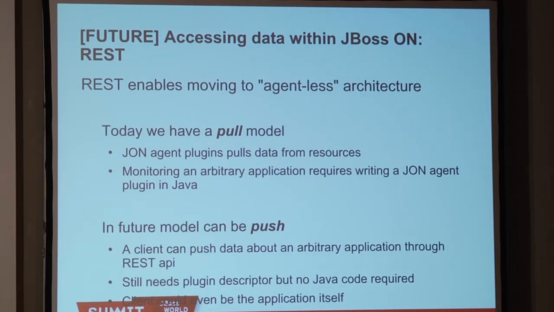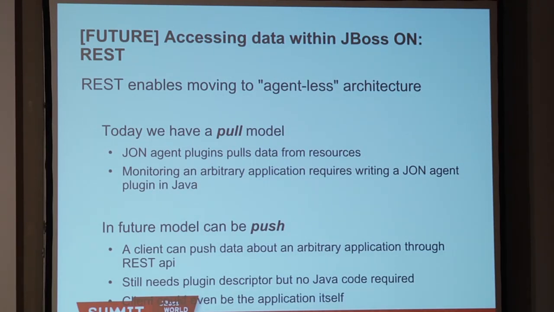So looking a bit more towards the future, not from a product roadmap sense, but just from thinking about the directions that we could take this. One of the things that the REST API enables is moving to a more agentless architecture than we have right now. So what do I mean by agentless? Well, specifically today we have a pull-based model. On every machine that you want to manage or monitor, you put a JON agent, a Java agent, and then you have a plugin on that agent that knows about the particular resource.